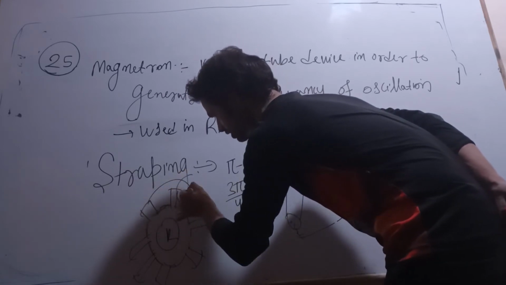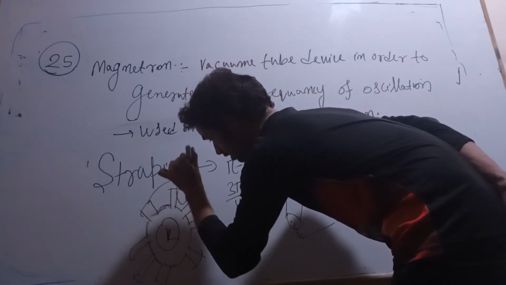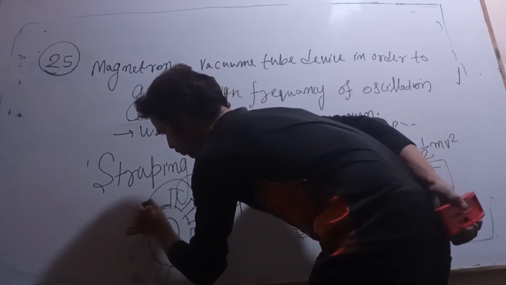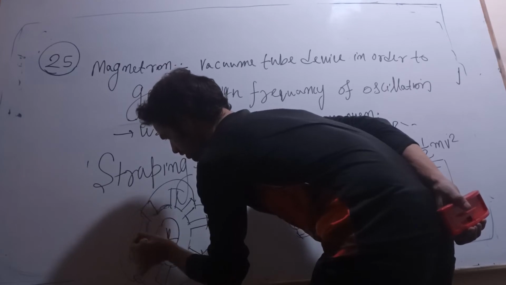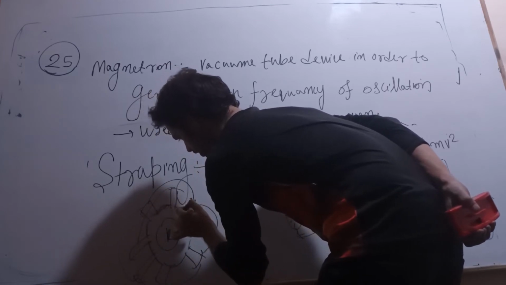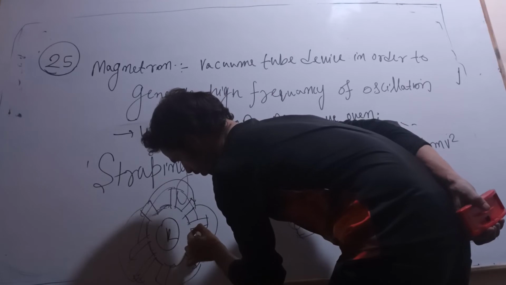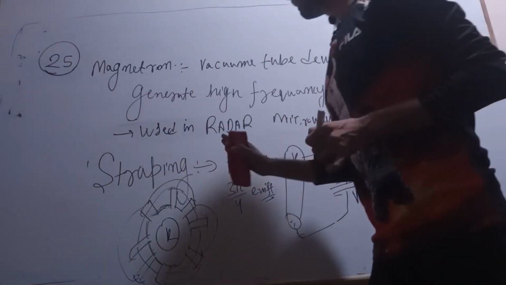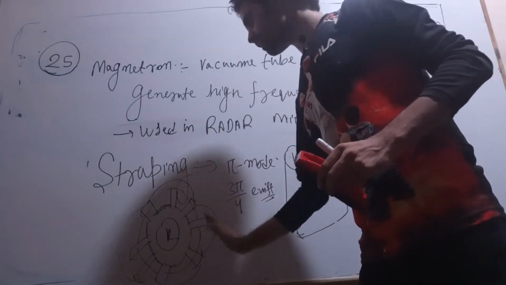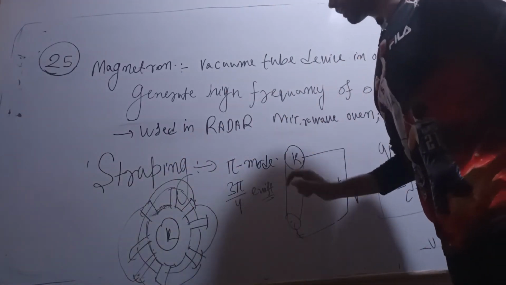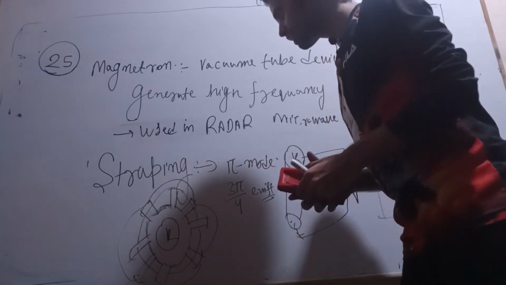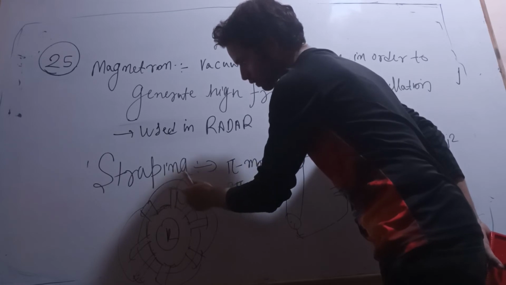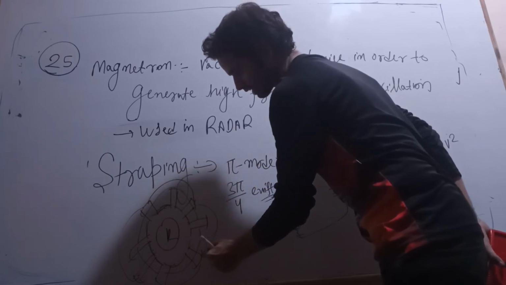So let us connect this to this. Then you just connect alternate to alternate through wire. By leaving one cavity, this is connecting to this.